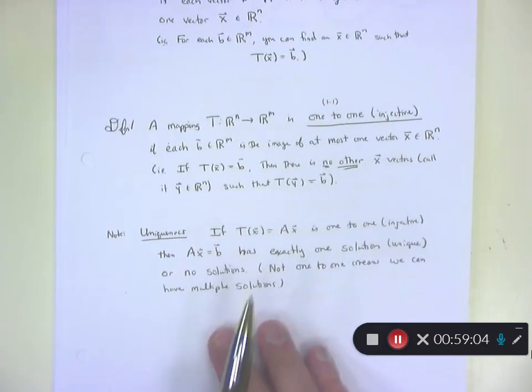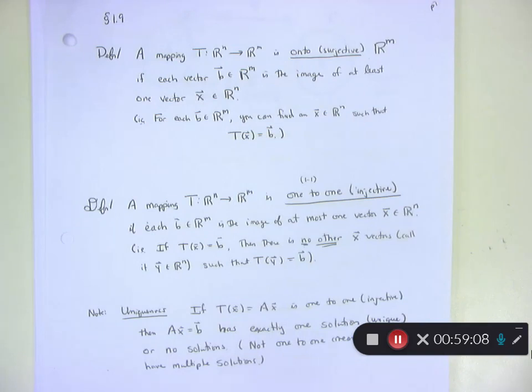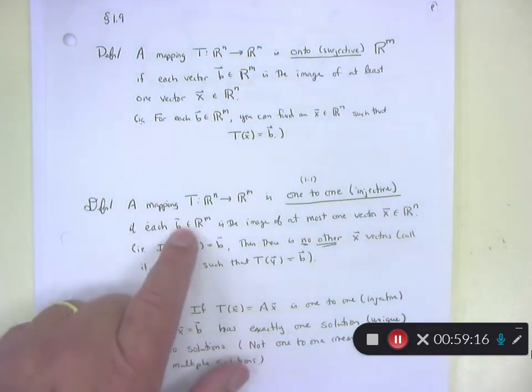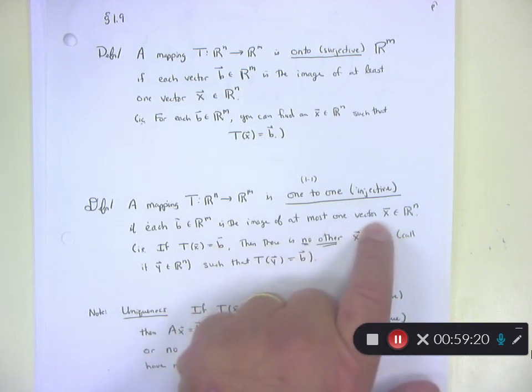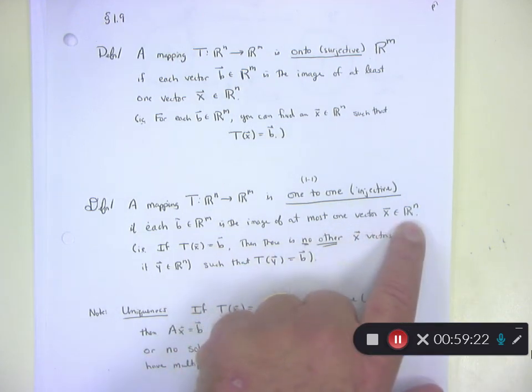Next one is a mapping T going from Rn to Rm is one-to-one. Fancy word for one-to-one is injective. If each b in Rm is the image of at most one vector x in Rn.